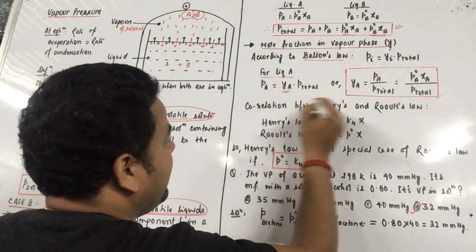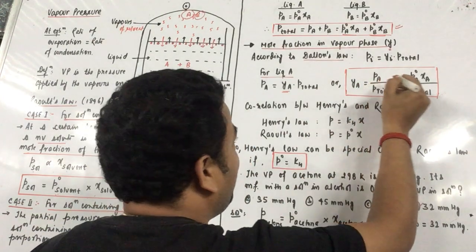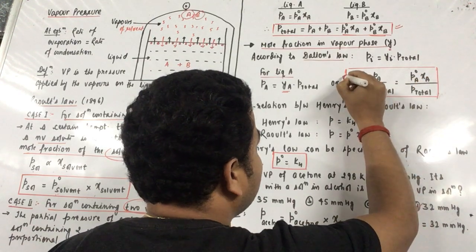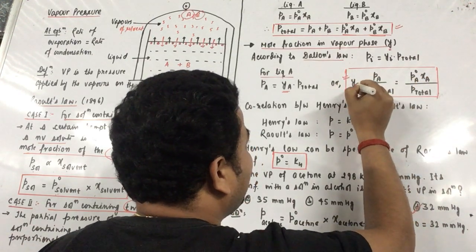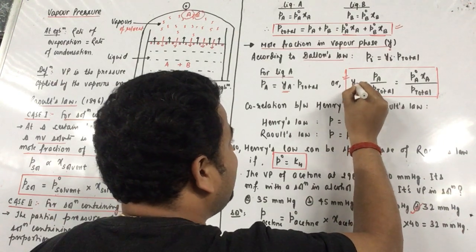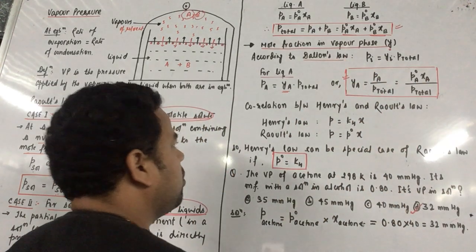So this YA is mathematically equal to PA by P total. And what is PA according to Raoult's law? This is equal to P naught A into XA by P total. So this is the working formula where we can calculate the mole fraction of the liquid in its vapor phase.